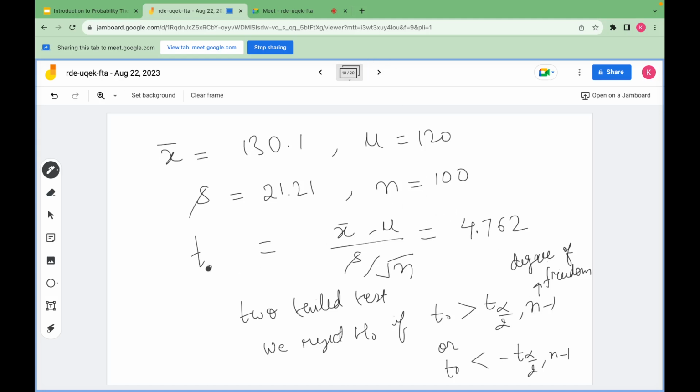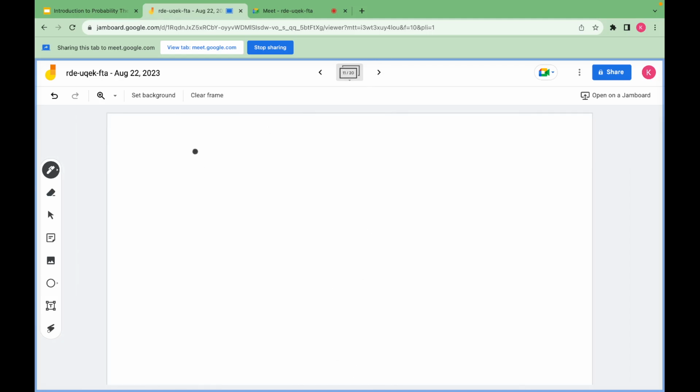So we calculated t naught. Now we will calculate this t alpha by 2, n minus 1 value, where alpha is given 0.05. So alpha by 2 will be 0.025, n is 100, so n minus 1 will be 99. So from the t table we will get the value t 0.025 comma 99. This comes out to be 1.9842.